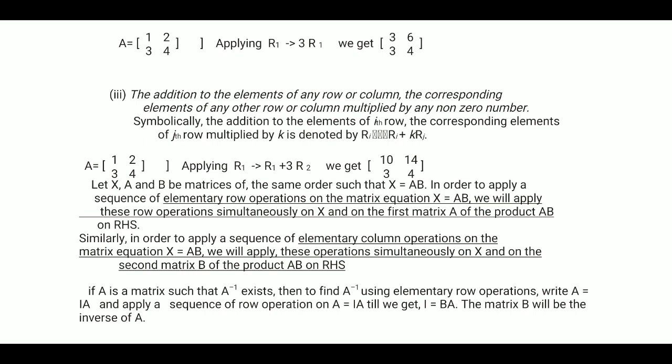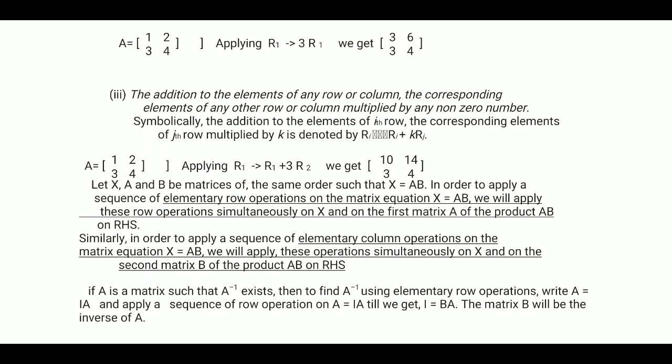A is the matrix having elements 1 2 3 4. Applying R1 becomes R1 plus 3 R2. It means we are multiplying the elements of R2 by 3 and adding it to R1. So the change will be on R1. That means 3 times 3 is 9 plus 1, that is 10, 4 times 3 is 12 plus 2, that is 14. So R1 becomes 10 14, R2 remains same 3 4.